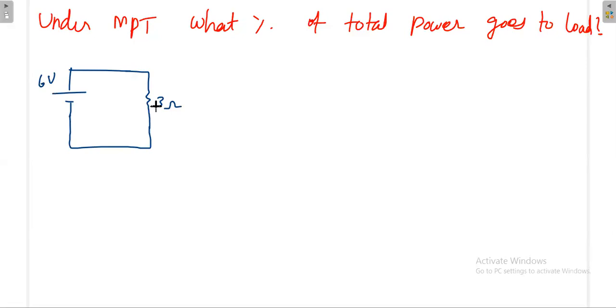If this RS is not there, what is the power across the load? The power is voltage into I. The voltage is 6 volt, and the current is 2 ampere.